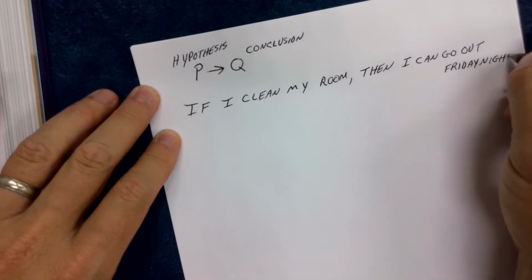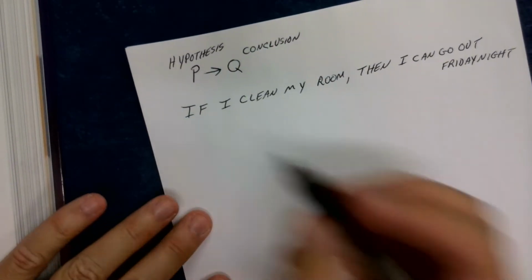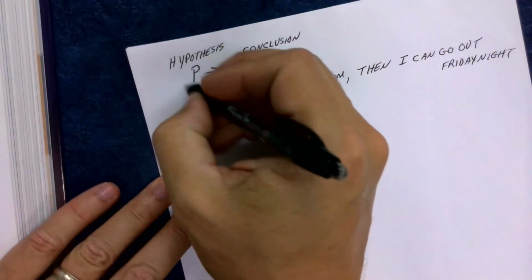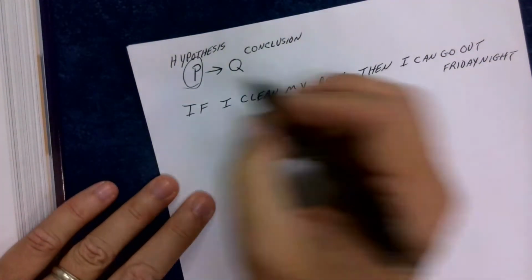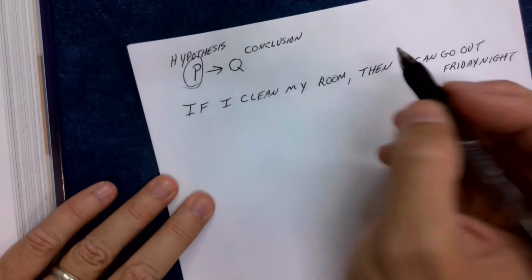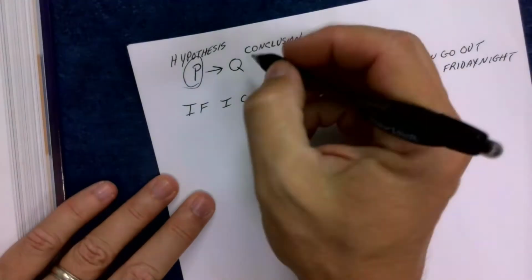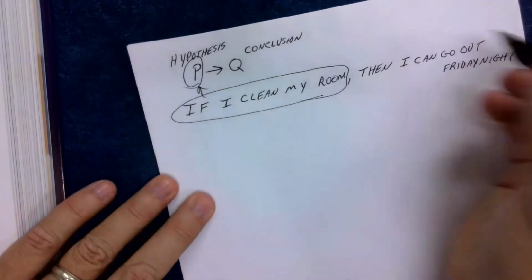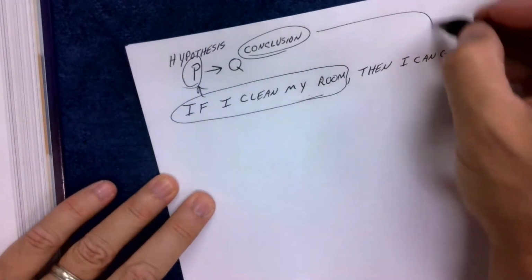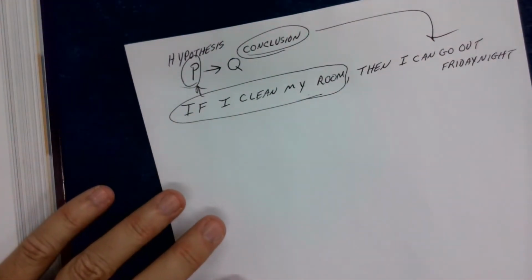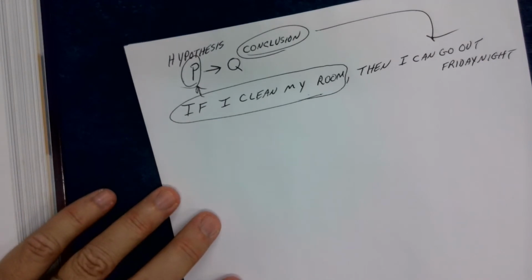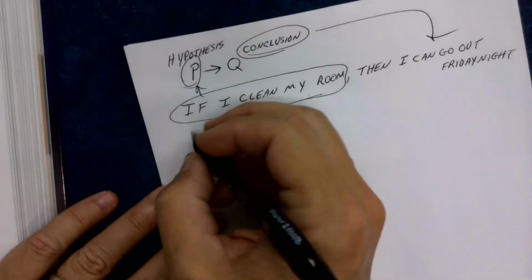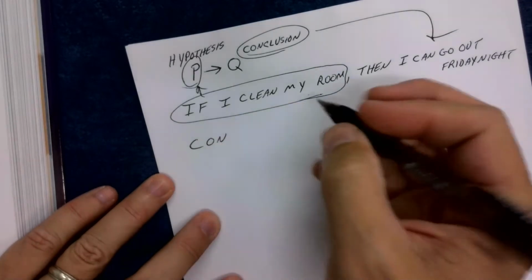In this case, the if part is the P. So if I clean my room, that's my hypothesis. If that actually happens, then the conclusion is what happens right there. Then there are 3 different things that we're going to talk about with a conditional statement.